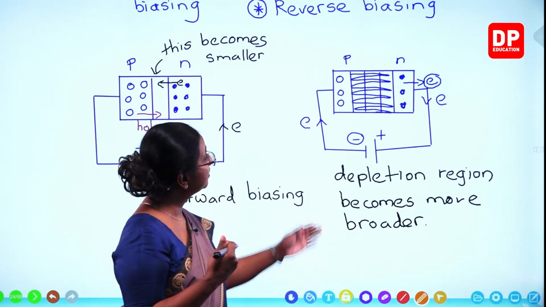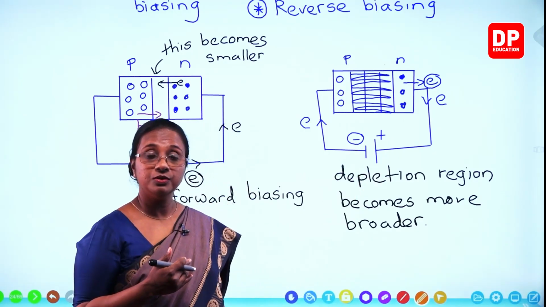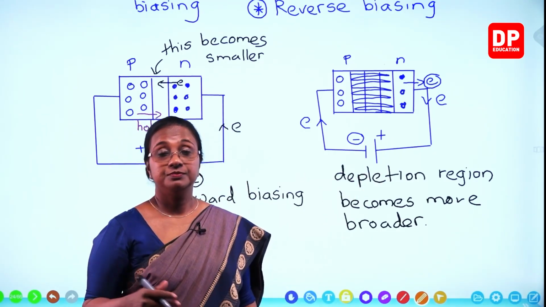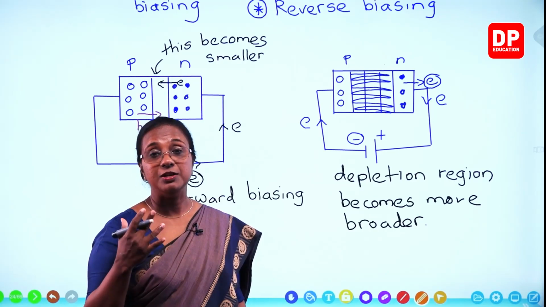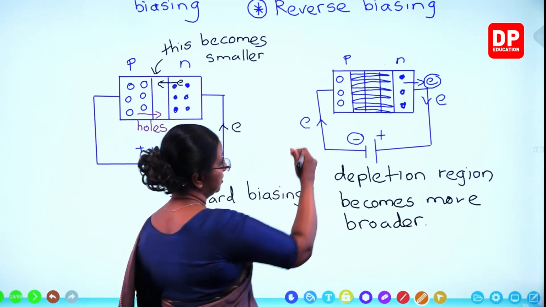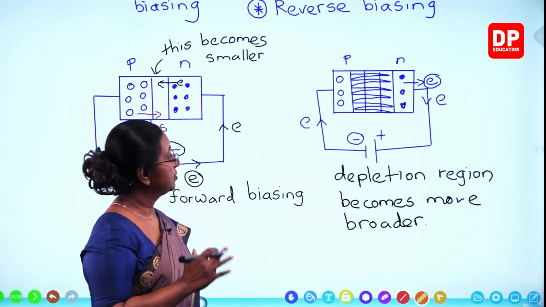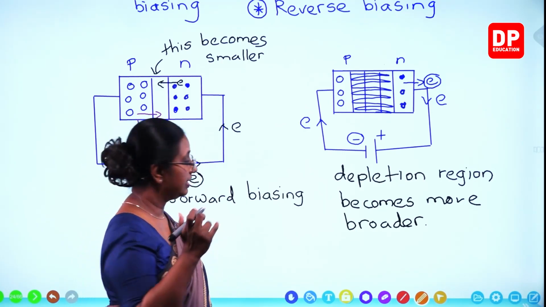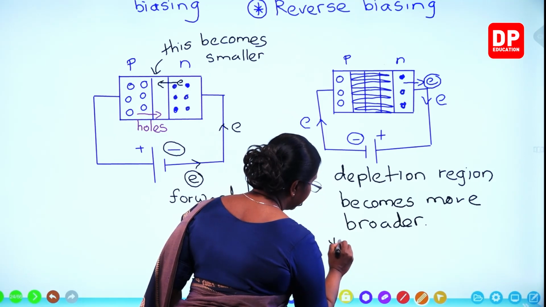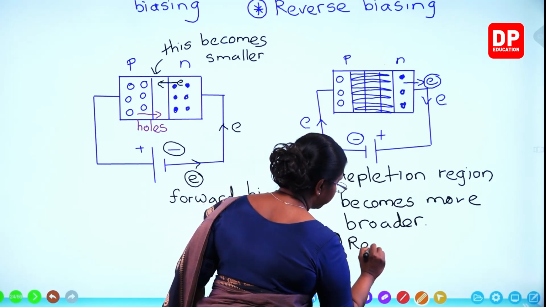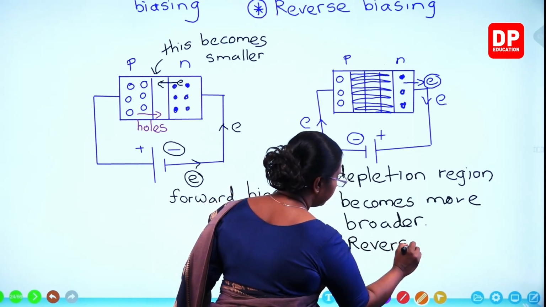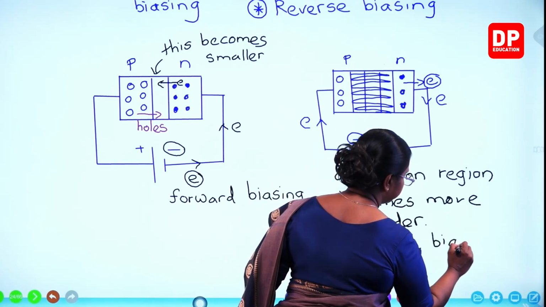Then will that allow the charge carriers to flow through? No. So then there will be no current flowing across the PN junction. So this type of biasing is what we call as reverse biasing. Reverse biasing.